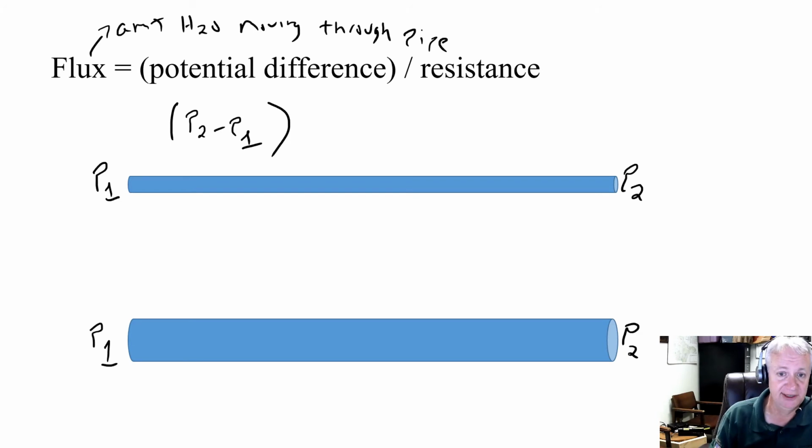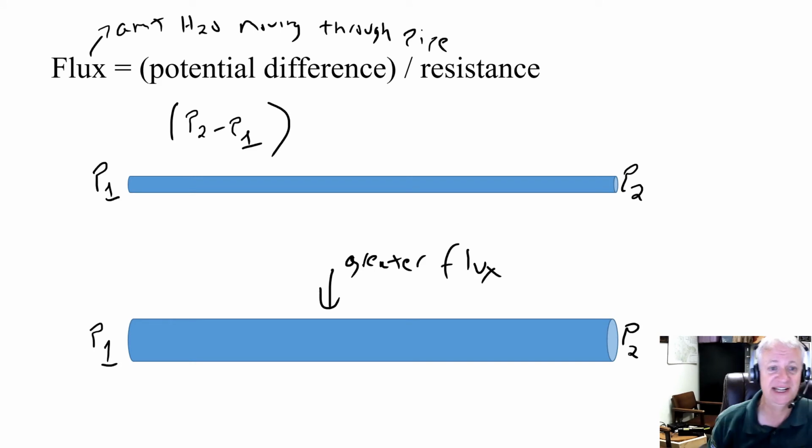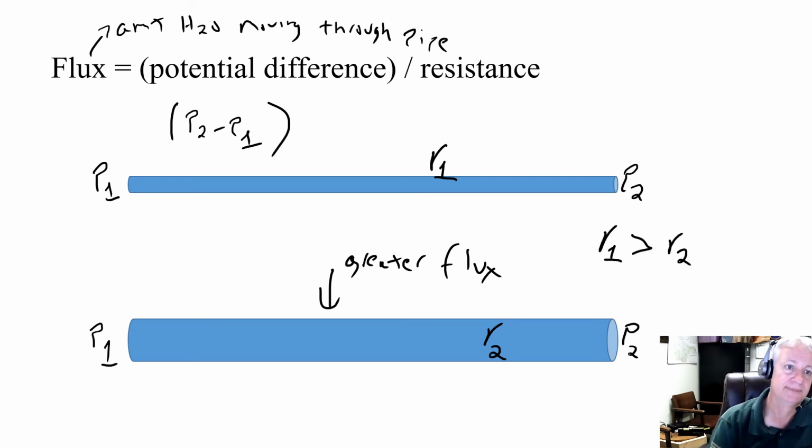In which situation will the flux be the greatest? Well, it's sort of intuitive that we'll get greater flux in this situation. Given the same potential difference, you'll get greater flux in the bigger pipe because the resistance, let's say this is resistance 1, this is resistance 2, the resistance of that top pipe is greater than the resistance in the second pipe because it's smaller.